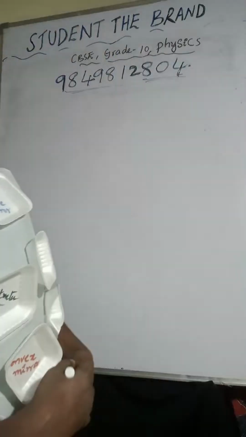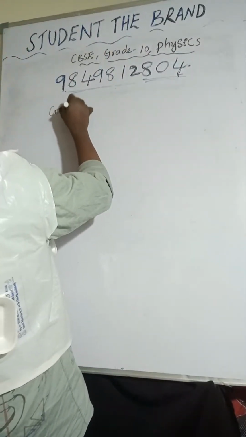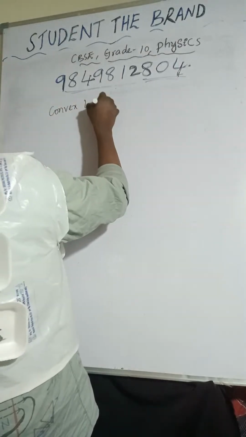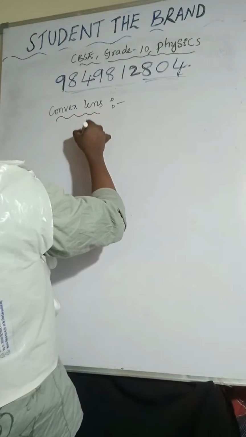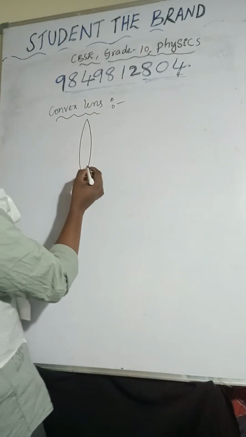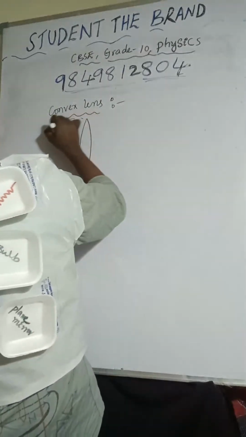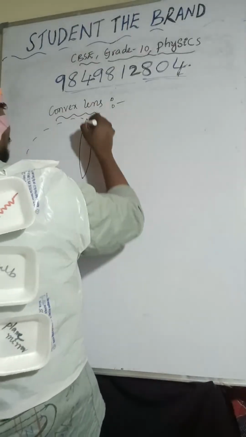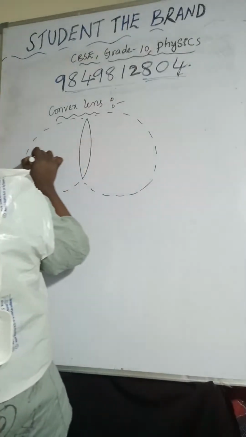Now you can see the convex lens. It's part of a spherical mirror, so this is a part of the sphere. You can take a part of the sphere by adding these two.